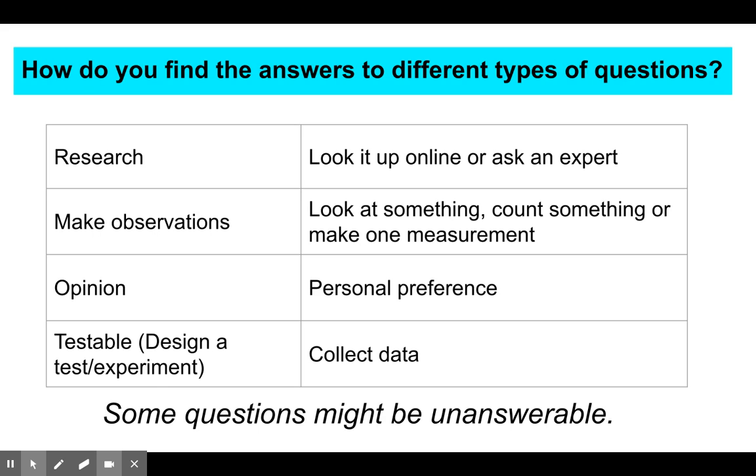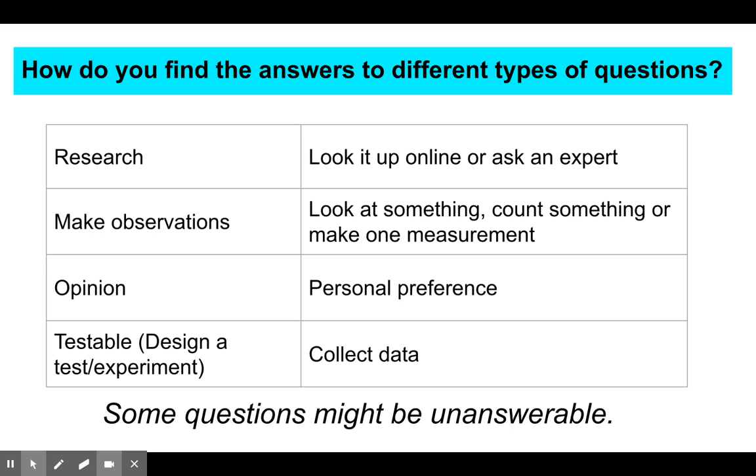And finally, we have what are called testable questions, where we can design an experiment in order to determine the answer. And the most important part of a testable question is that we can collect data on that question, and the data will help us determine a conclusion.